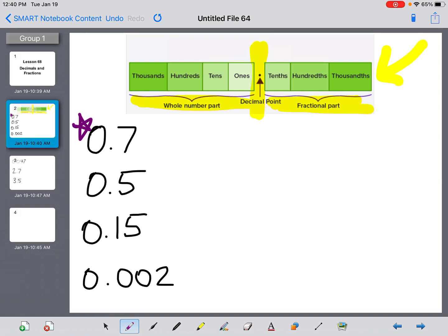That's kind of the quick and easy way that we say decimals. But the official math way to say a decimal, remember, is to say 7/10. You are using the place value to name that fraction. So you would normally say 0.7, but the official math way to say this decimal is 7/10. Okay, and that's because the 7 is in the tenths place.